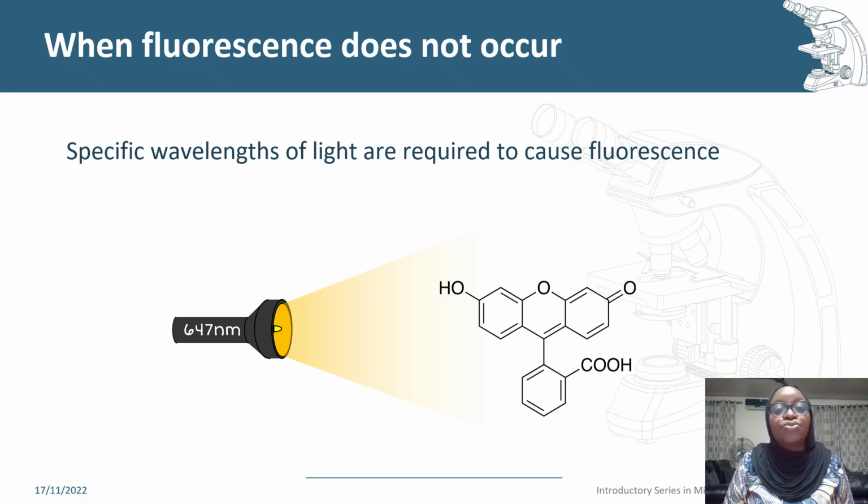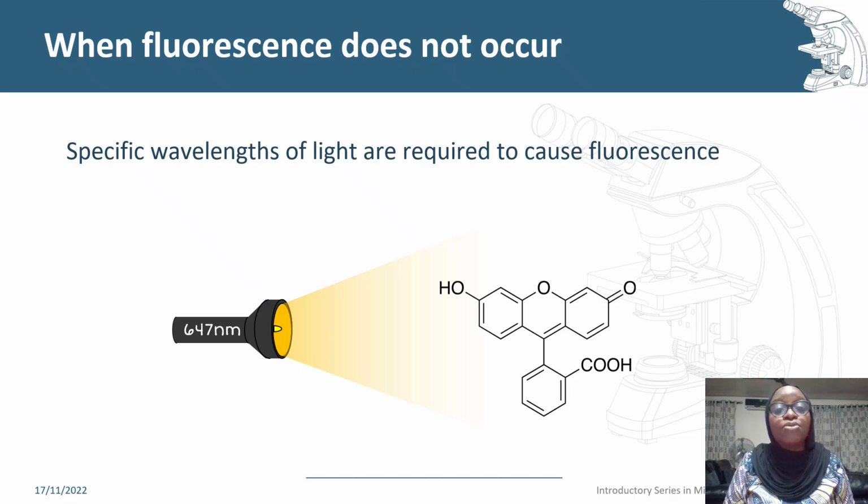Why does fluorescein not fluoresce if we shine an orange or red light on it? This is because specific wavelengths of light are required to cause fluorescence.